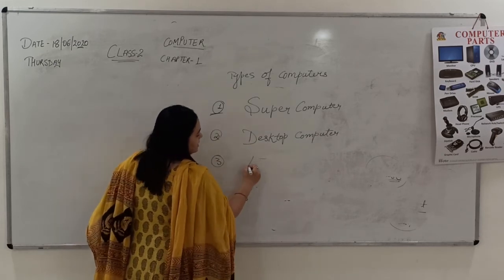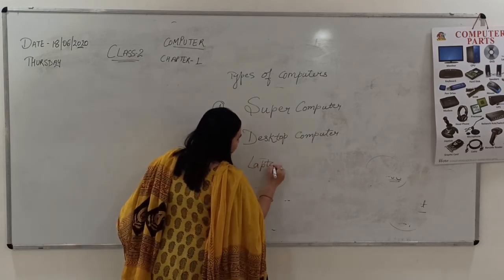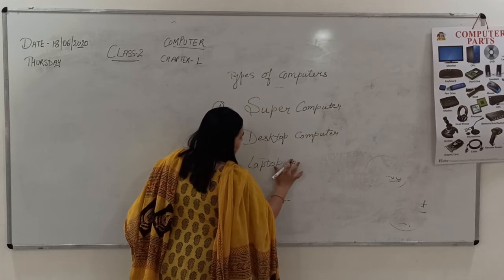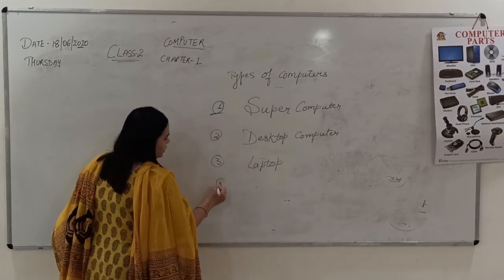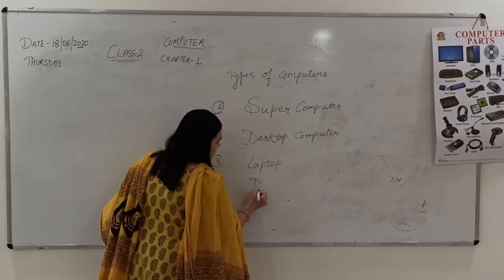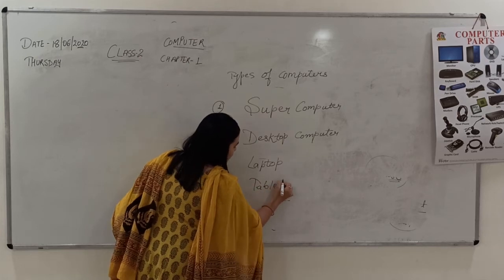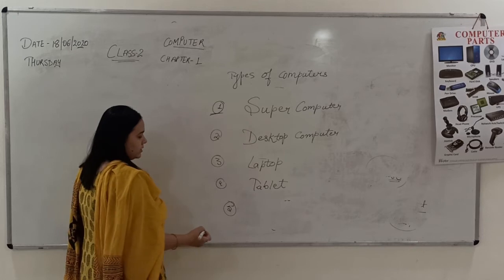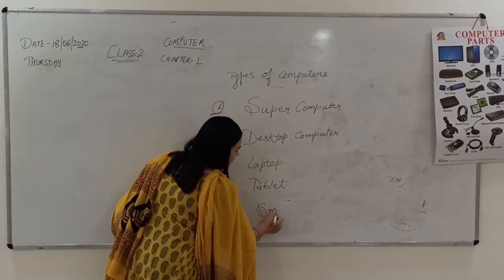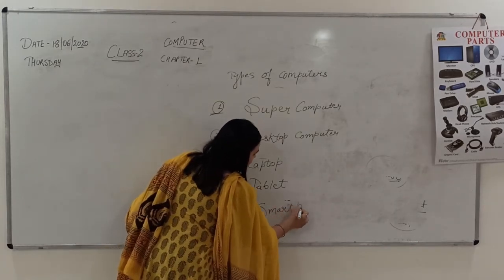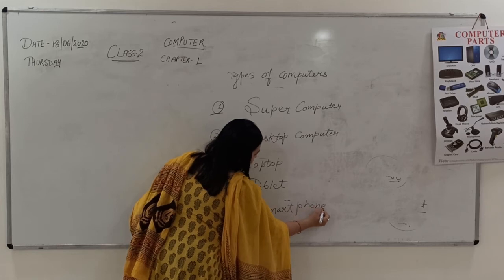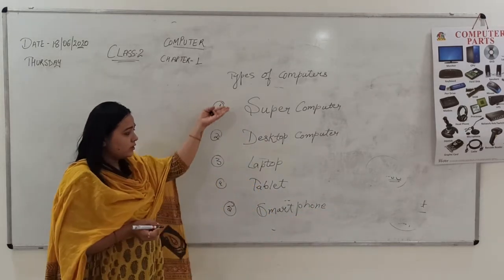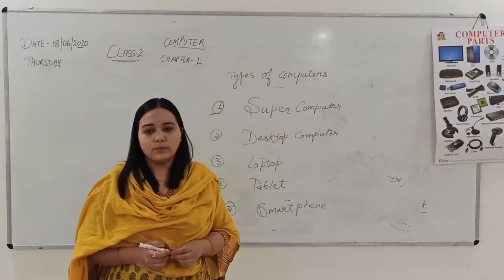Third one is laptop. Fourth one is a tablet. The fifth one is your smartphone. These are all different varieties of computers.